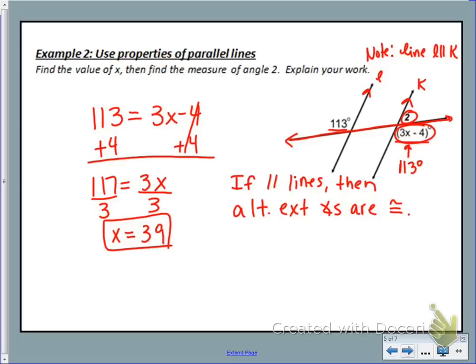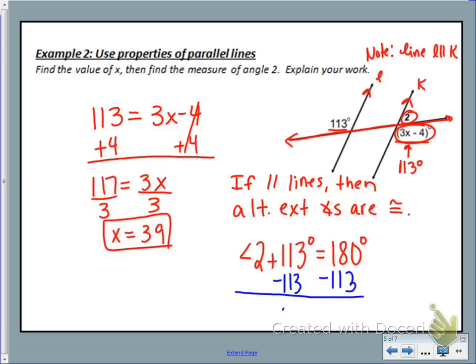They're not congruent, but they are a linear pair. So angle 2 will add with the 113 degree angle to make 180 degrees. Again, that's review from a couple of videos ago. So now we can solve that and find that angle 2 is 67 degrees since they're a linear pair.